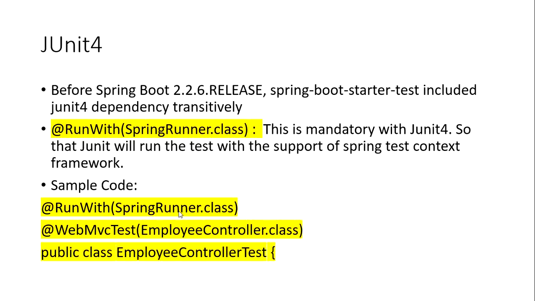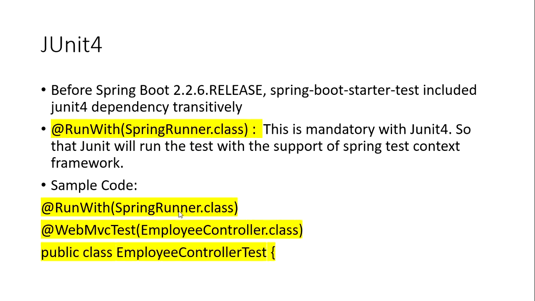They maintained both JUnit 5 and the JUnit 4 vintage engine till Spring Boot 2.4. From Spring Boot 2.4 onwards, they eliminated that JUnit 4 vintage engine and started maintaining only the JUnit 5 Jupiter framework.